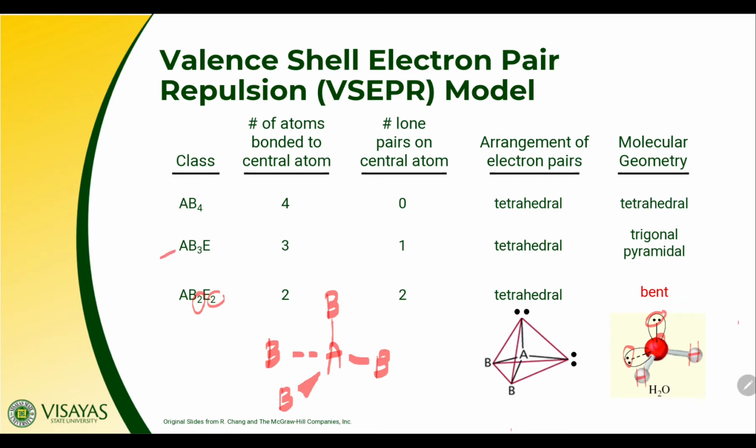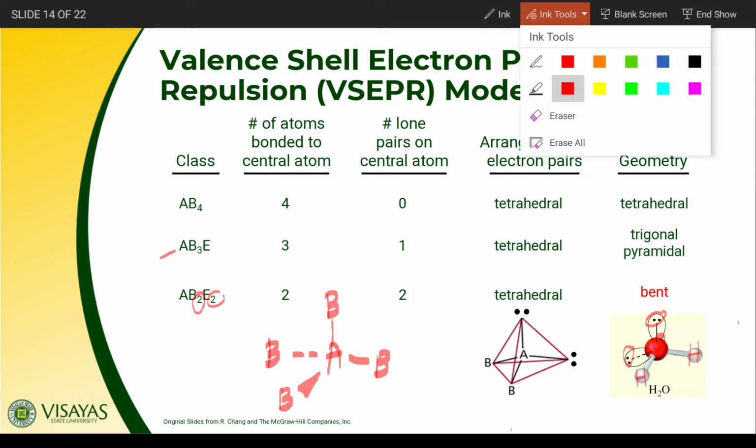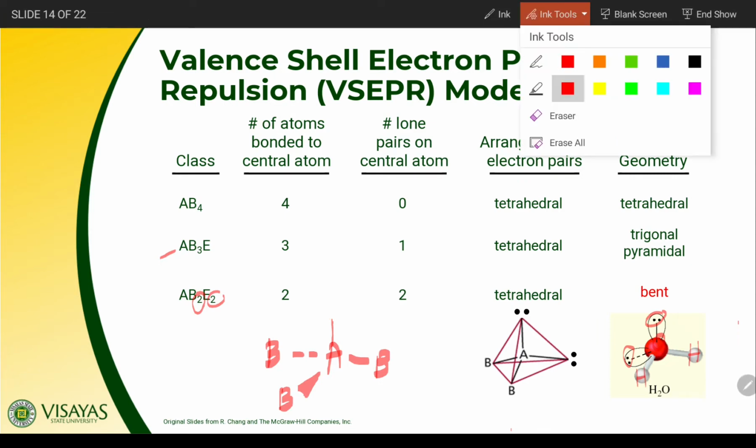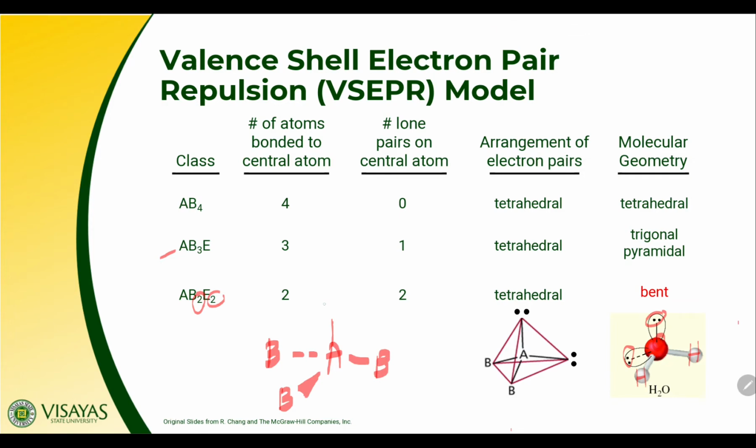How do we draw AB3E? We replace the atom at the top with a lone pair. So we delete this and we replace this with a lone pair. Okay, this is AB3E.